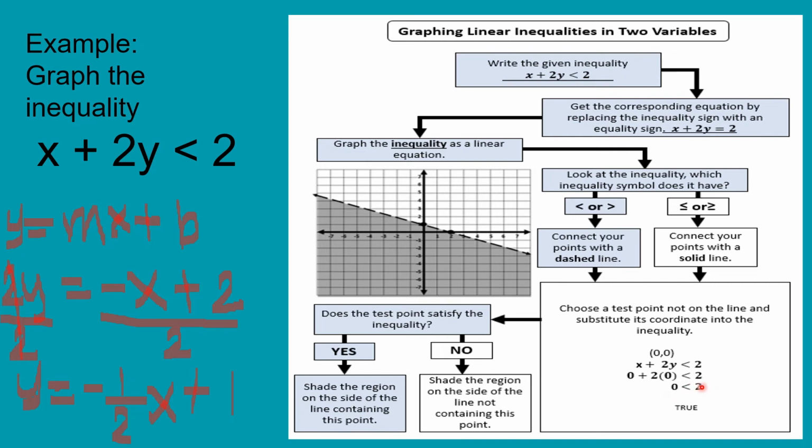So, since alam natin na ang 0 ay less than sa positive 2, this test point makes the inequality true. At dahil true siya, ibig sabihin, kasama si test point sa region na kung saan ay set of solutions ng ating given inequality. So, kasama siya sa shaded part. So, eto na po yung ating dashed line. So, eto yung ating shaded part. So, ibig sabihin, kasama si test point sa set of solutions.